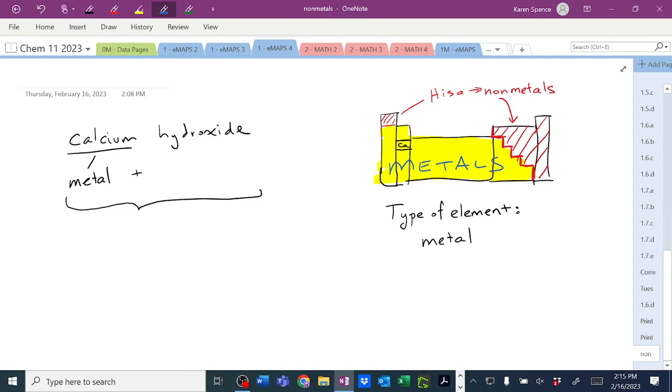If we have a compound that starts with a metal, we have a specific type of compound. Does anyone know what the types of compounds are? Chat with your partner, see if you can remember what are the different types of compounds.